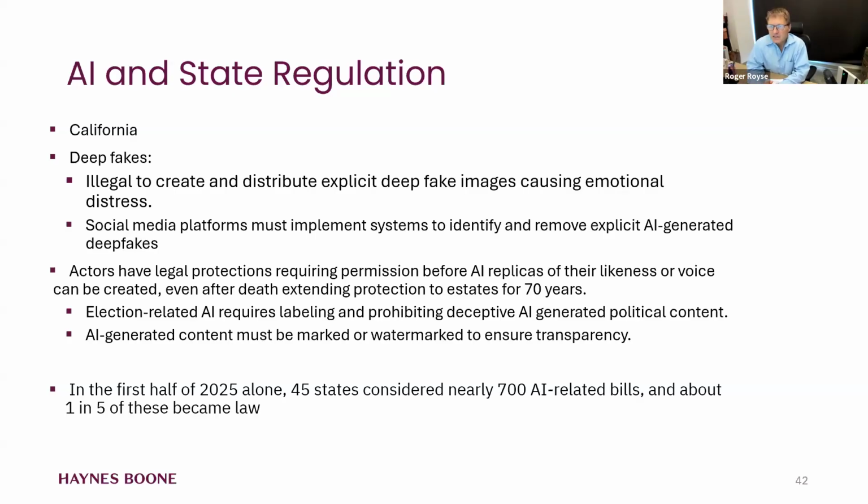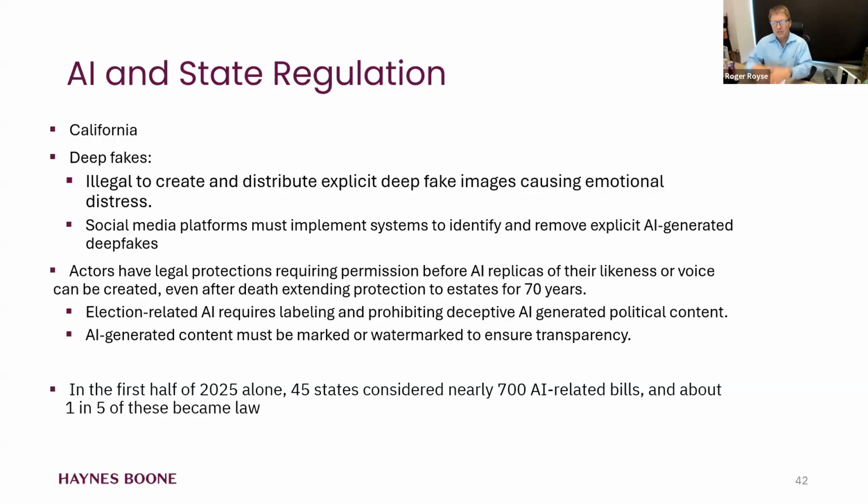Now, what California does have, just as an example: in California, it's illegal to create and distribute deepfake images that cause emotional distress. That's one. Social media platforms have to implement systems to identify and remove AI-generated deepfakes.